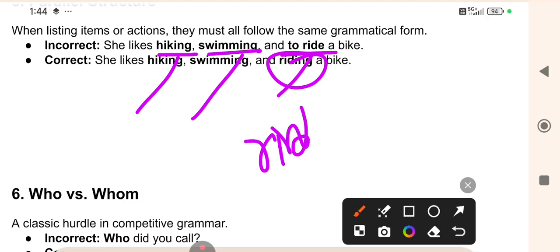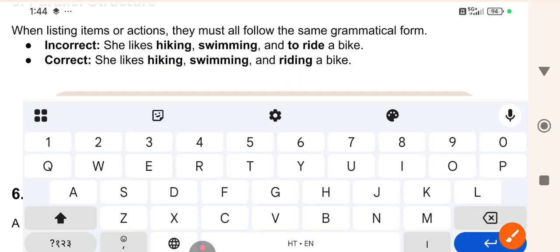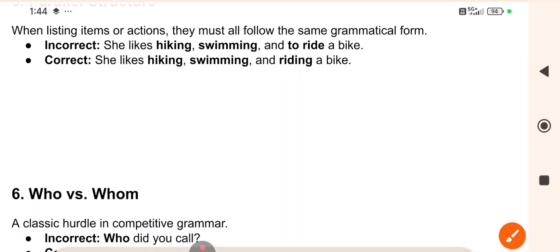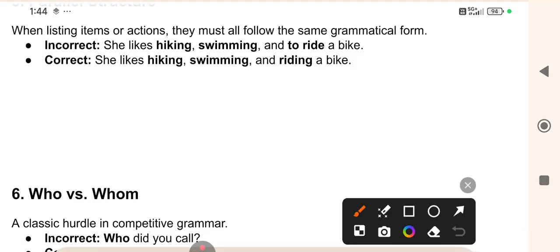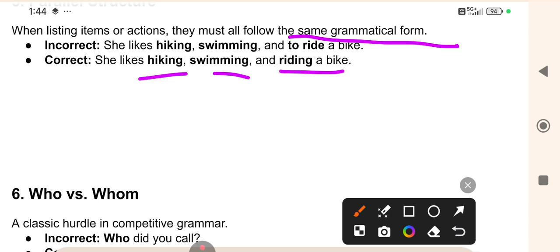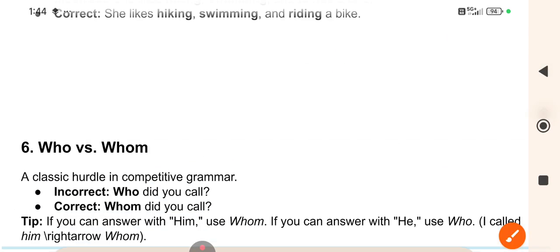If you say she likes to hike, to swim, and riding, that is wrong. So you have to take the proper form of the verb. The same grammatical form must be used, so please take care whenever you do the paper.